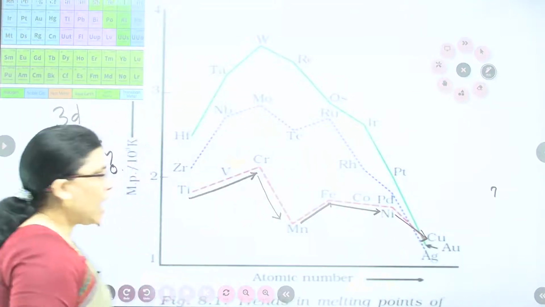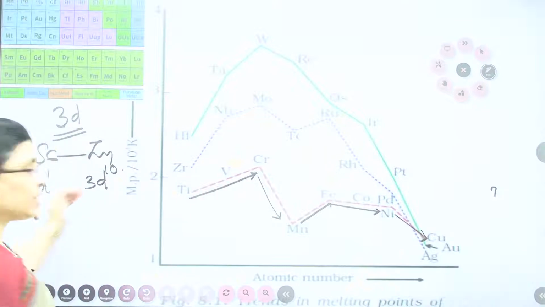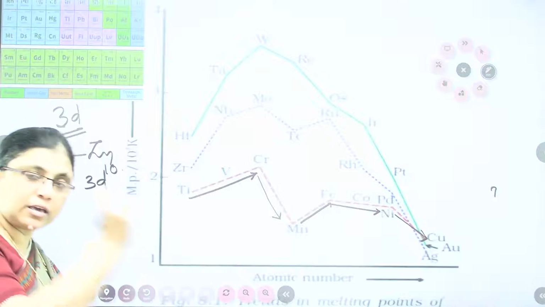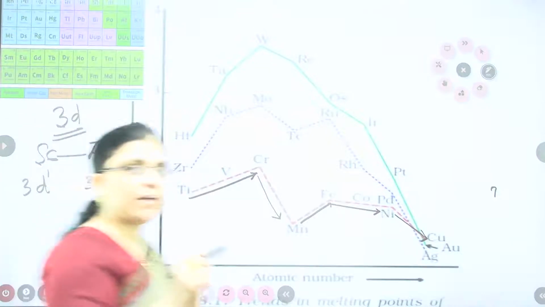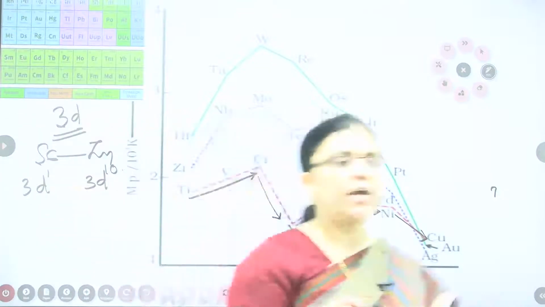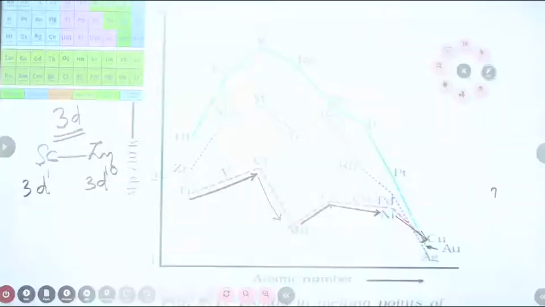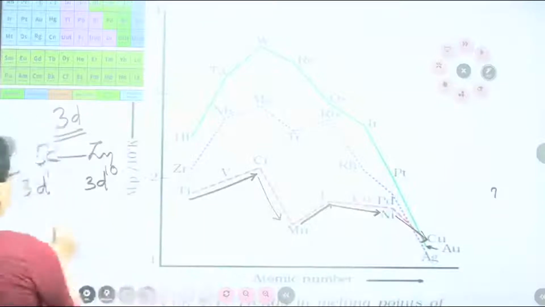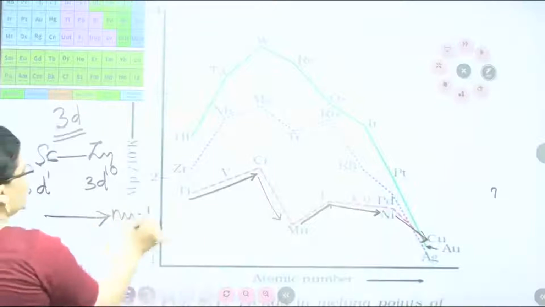Remember one thing, the variation in the case of d block elements can be explained on the basis of an important concept: nuclear charge increases when we are moving across the period.